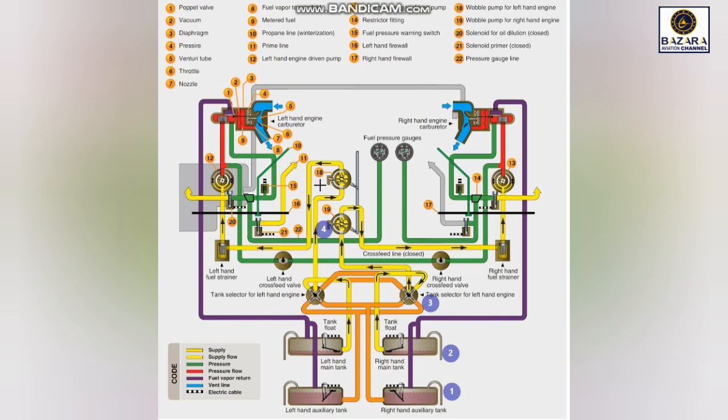After the wobble pump we have a strainer. For every engine we have a strainer. After that we have a cross feed, and we know the meaning of cross feed and how it works. After that we have the engine driven pump. After the engine driven pump we have the carburetor.